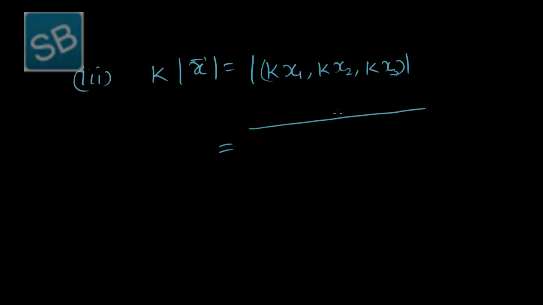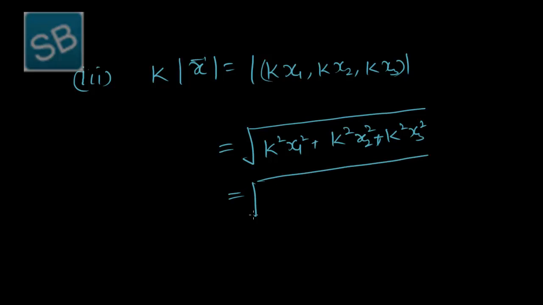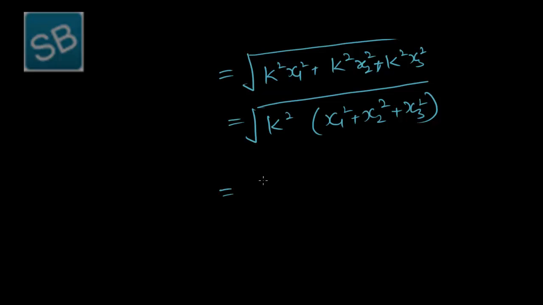It becomes the square root of k square x1 square plus k square x2 square plus k square x3 square, that is the square root of k square into (x1 square plus x2 square plus x3 square). So that gives the square root of k square times the square root of x1 square plus x2 square plus x3 square.